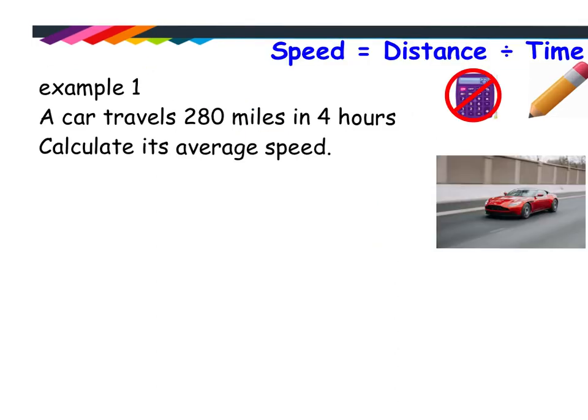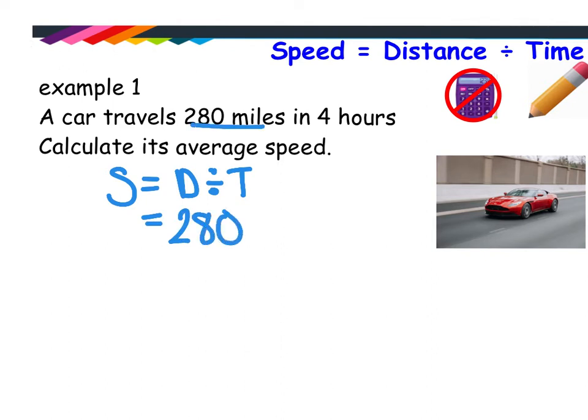Okay? So 3 examples. My first one, I always like to do it without a calculator because it could be non-calculator in a test. So we want our average speed of a car that goes 280 miles in 4 hours. So we start with the formula. Speed equals distance divided by time. Our distance is 280 and our time is 4 hours.